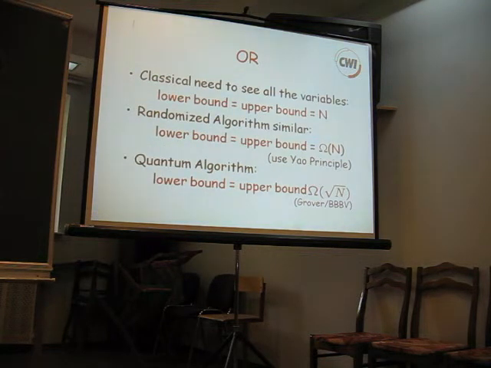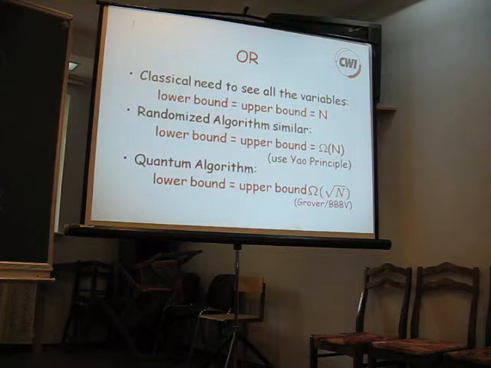For example, what I mean here is, for classical deterministic algorithms, you can show that you need exactly n queries. You need to query all of the variables in order to know whether the OR is true, and the upper and the lower bound are the same. I mean, that's tight.